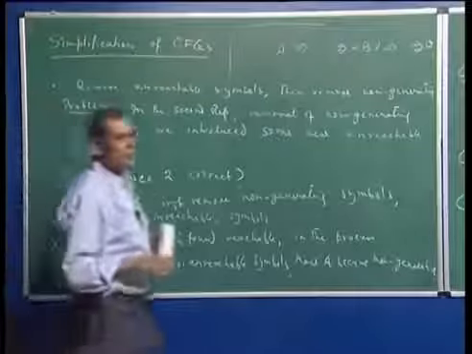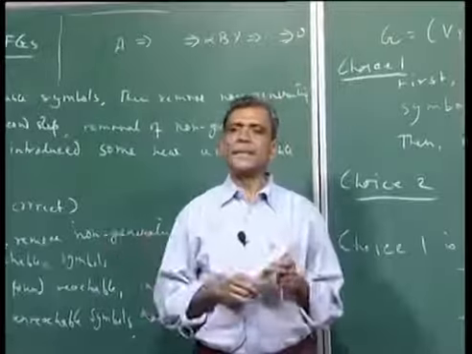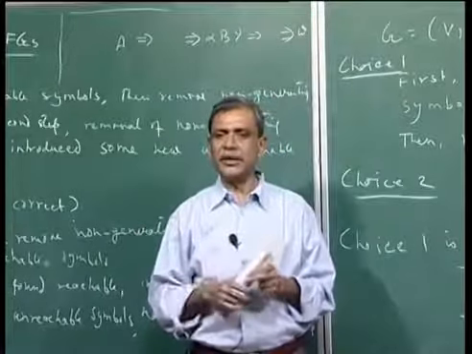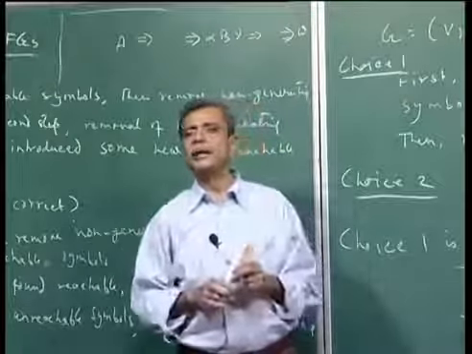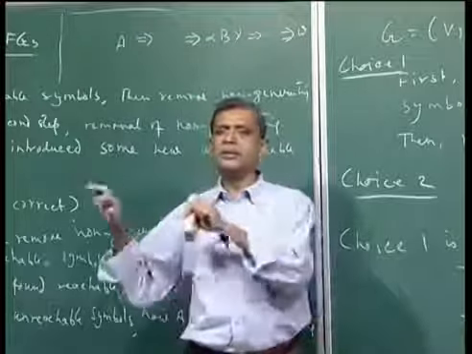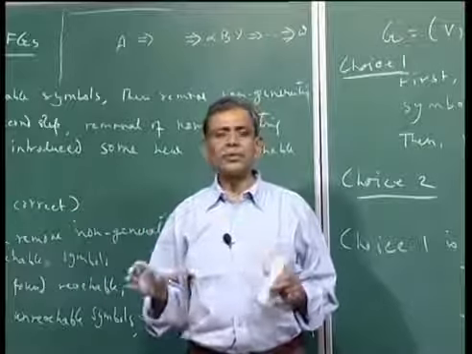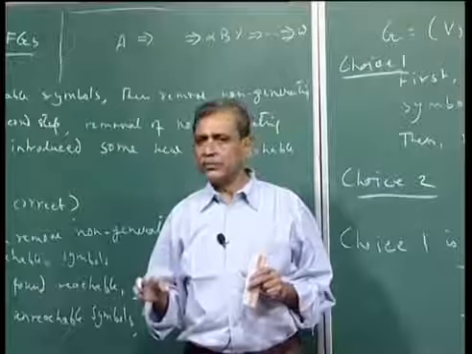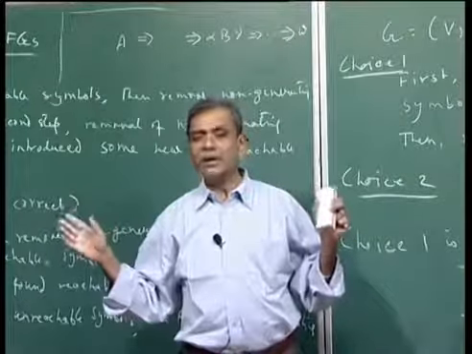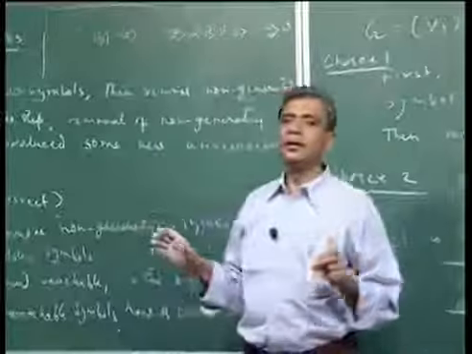Therefore, choice 2, that is, first identify the non-generating symbols, remove them from the grammar, get the simplified grammar, and now identify the unreachable symbols and remove those. In the process, you are not going to go wrong, and therefore, the grammar that we finally get will not have any useless symbols.